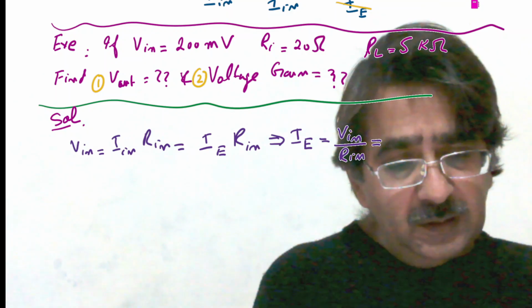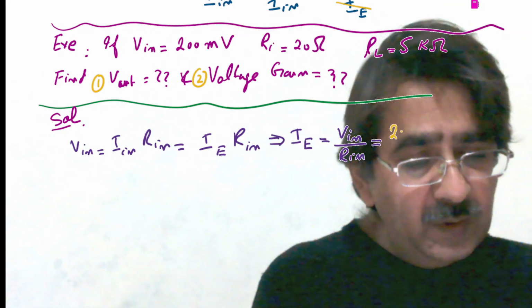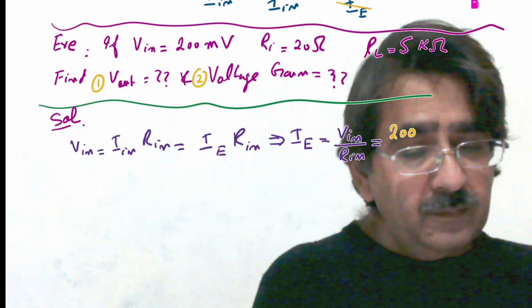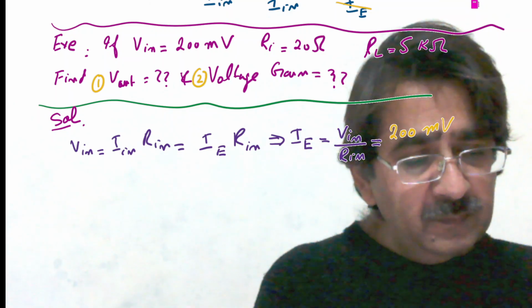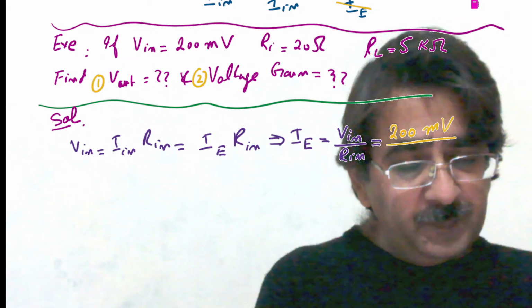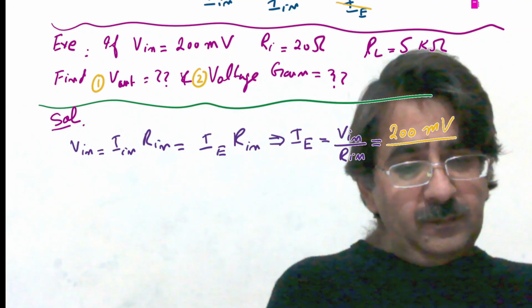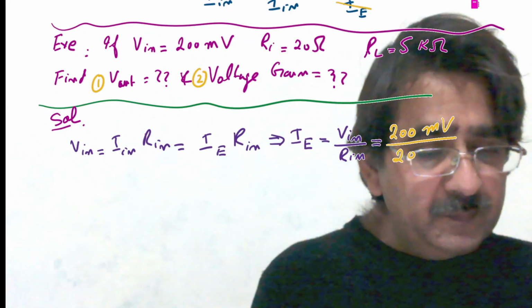V in is given, V in is 200 millivolt, and R in is 20.